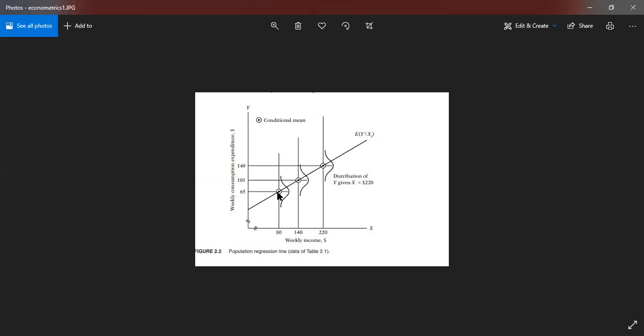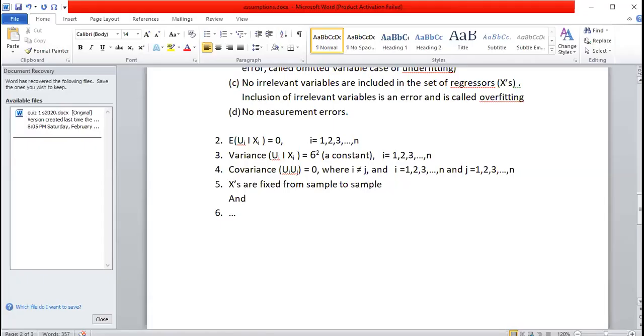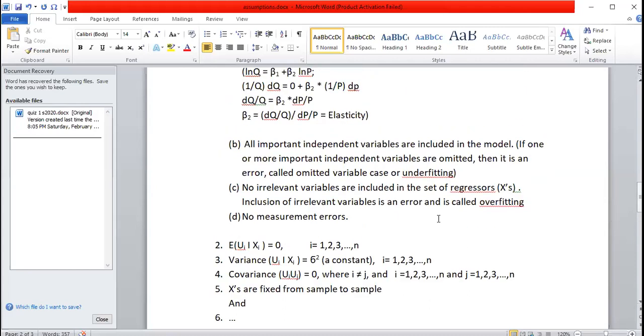So assumption number 1 is saying when x equals 80, mean of u equals what? What is the mean of u? 0. If x equals 140, what is the mean of u? 0. If x equals 120, what is the mean of u? 0. Let's say you have a sample of 30. So you have 30 values of x and you have 30 u's.